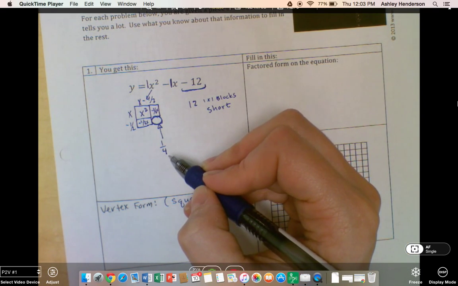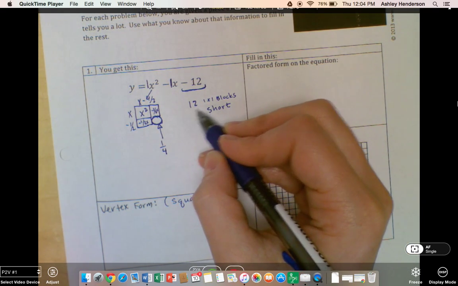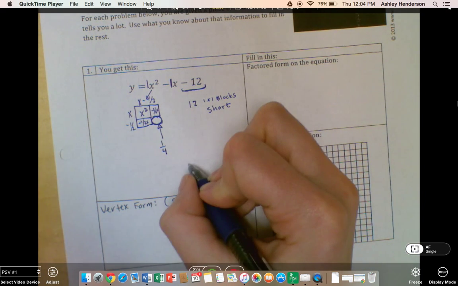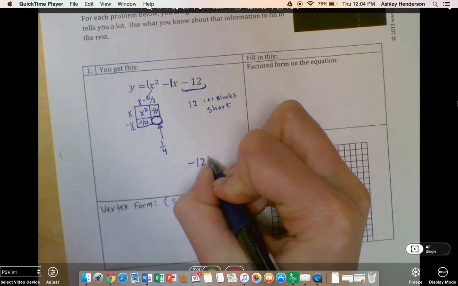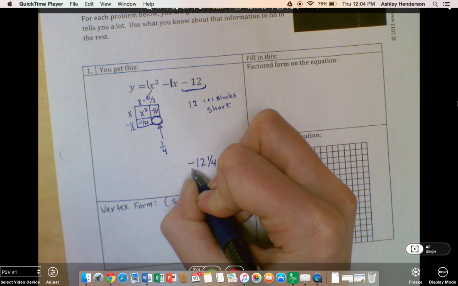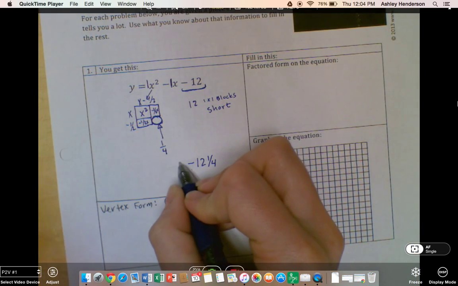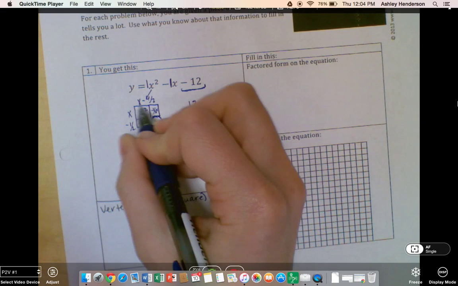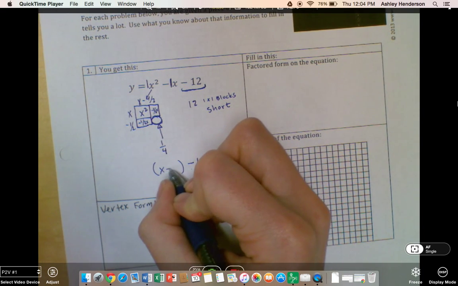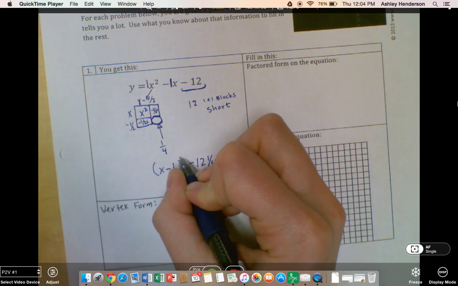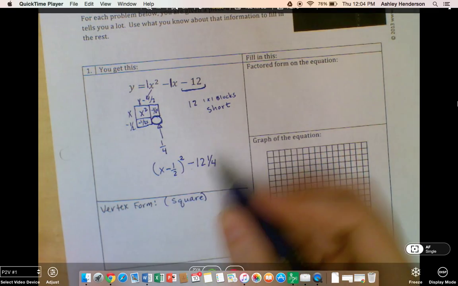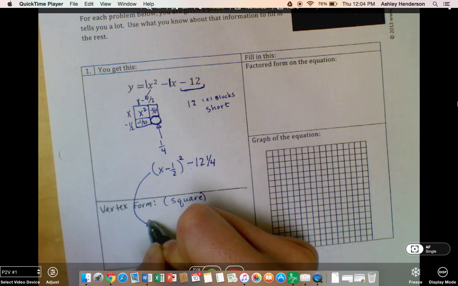I'm 1/4 more short from 12. So that means that I am now 12 1/4 short. We note that as the minus. And then the box as a square is x minus 1/2 by x minus 1/2, which we note as a square. So this is our vertex form.